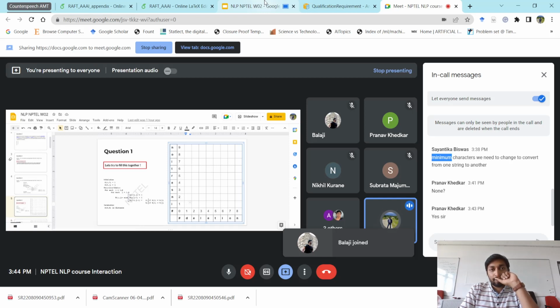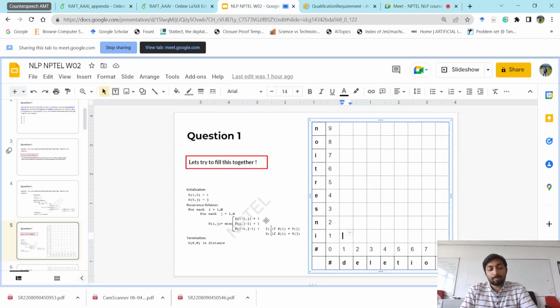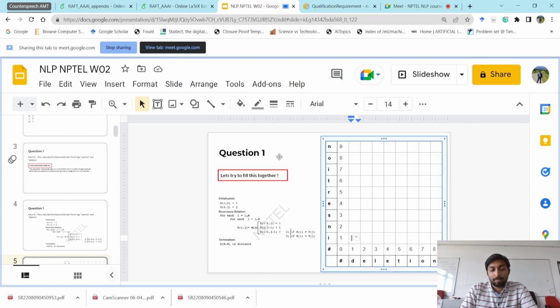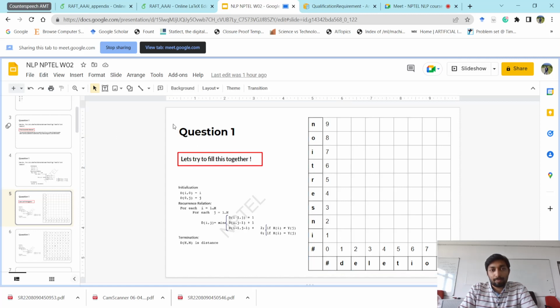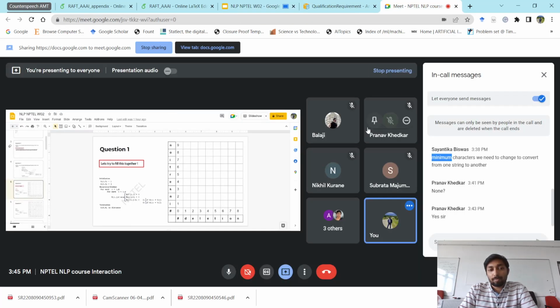Can you see the formula, or should I make it a bit bigger? Yeah, can someone fill the next empty box?